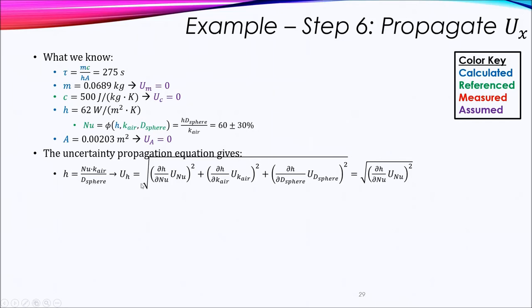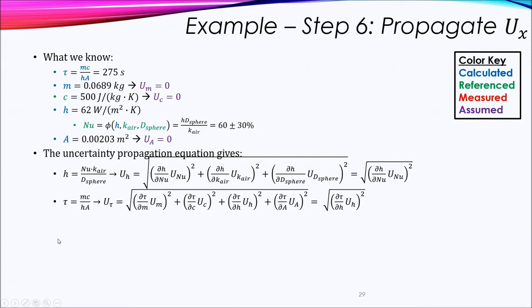If you propagate this using the partial derivatives of h with respect to each of its components, the Nusselt number, thermal conductivity, and the diameter of the sphere, multiplied by the uncertainty of those components, and then summed and squared together with a square root over all of it. Remember, the thermal conductivity of air and the diameter of the sphere are considered to have no uncertainty contribution, so those terms will drop out, leaving only the Nusselt number.